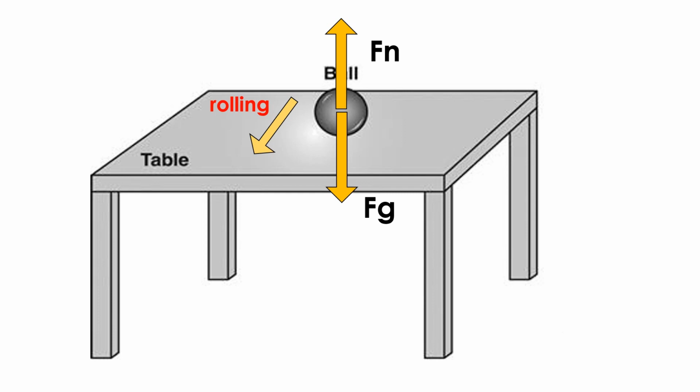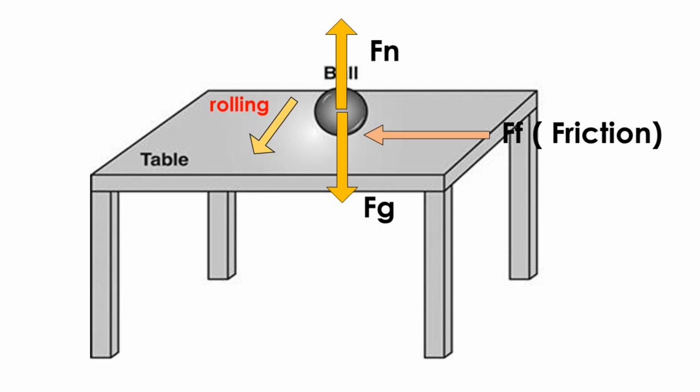However, there is another force that acts on the ball along the horizontal line, along the force that set the ball in motion. Do you still remember your lesson on friction in lower grades? You learned that friction is a force that acts between surfaces that are in contact with one another. Friction in general acts opposite the direction of the motion.